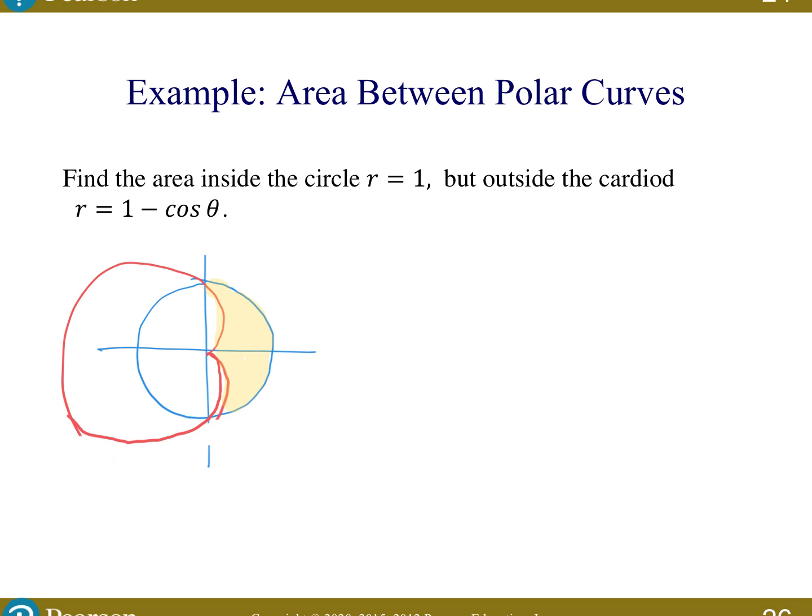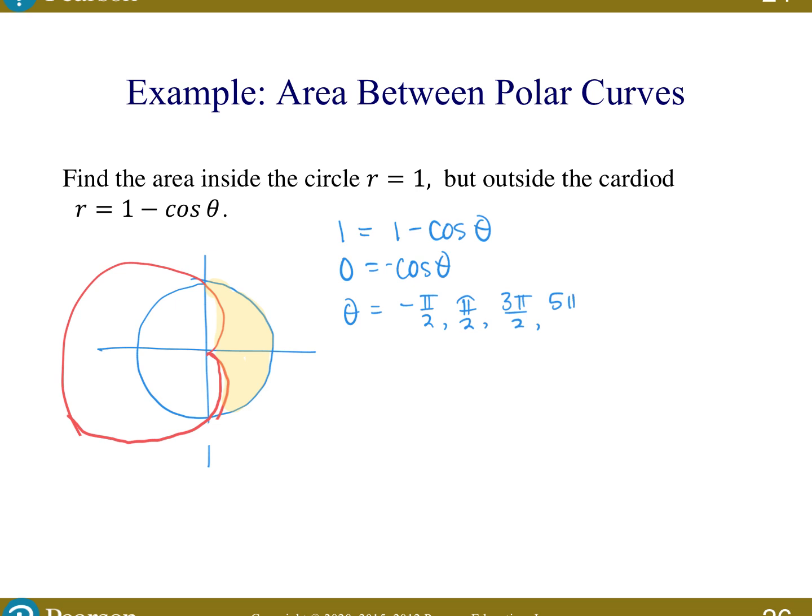Okay, so we want to find the intersection points by setting these two things equal to each other. So we would have 1 equal to 1 minus cos theta, and then we would solve that mathematically. So 0 equals negative cos theta. So theta is every time the cosine is 0, which happens at negative pi halves, at positive pi halves, at 3 pi halves.